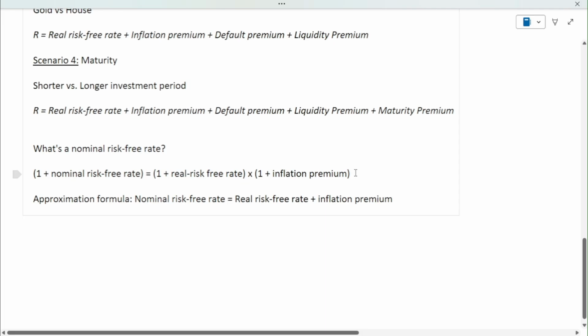So you need to remember it, and you should be able to differentiate the term real risk-free rate and nominal risk-free rate. So basically the formula is here. 1 plus nominal risk-free rate equals 1 plus real risk-free rate times 1 plus inflation premium. You can approximate it like here. So nominal risk-free rate equals real risk-free rate plus inflation premium.